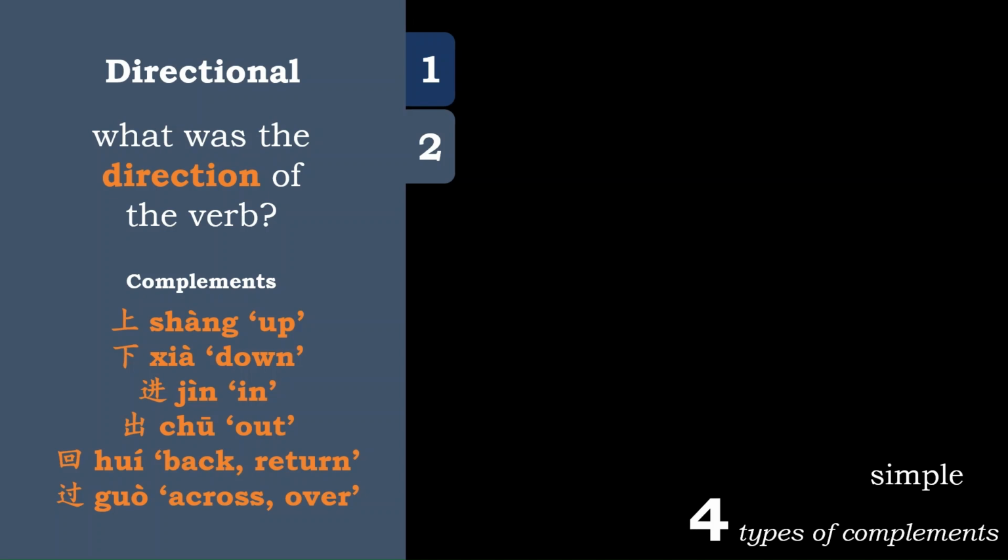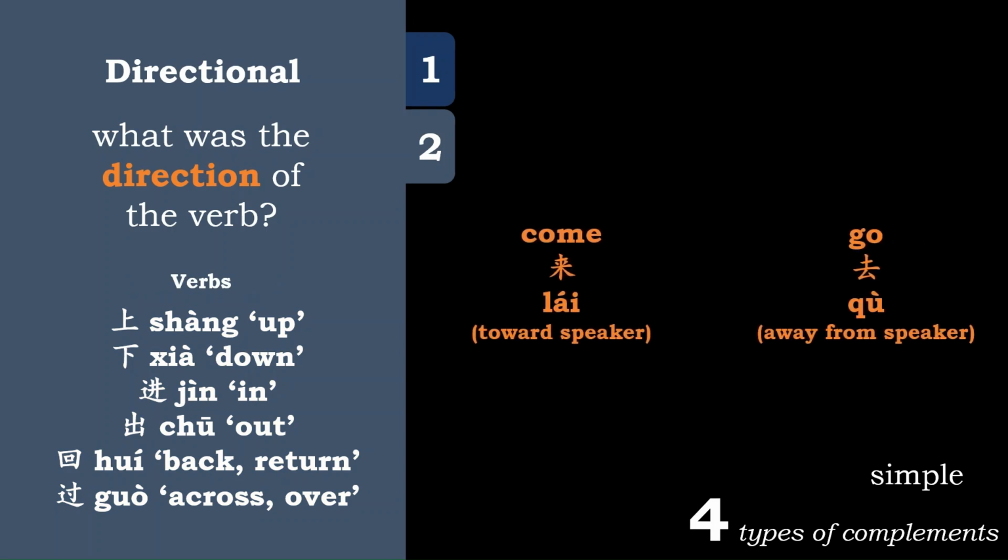But, and here's where it gets interesting, these simple directional complements can also themselves behave as motion verbs. And as such, they can then be enhanced with either 来, which means to come, indicating toward the speaker, or 去, meaning go, indicating away from the speaker.